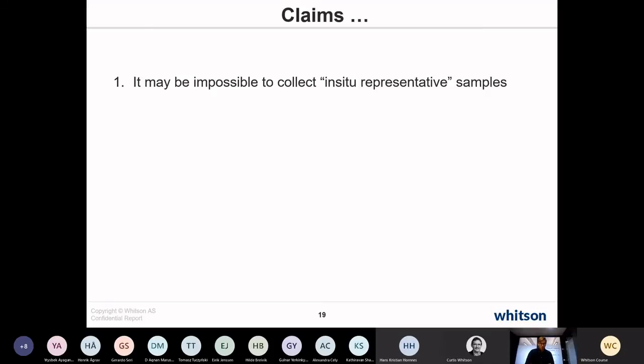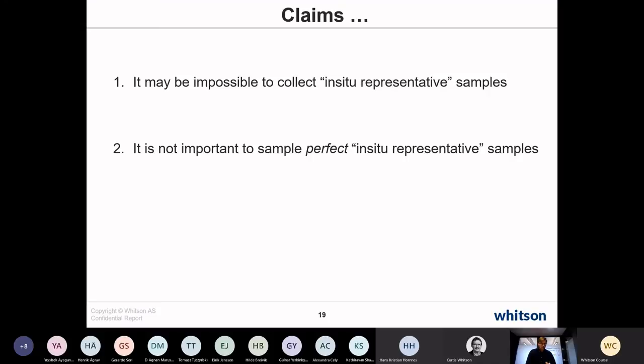So first, there are a few claims here. Some of them might be a little bit debatable, at least when we show it, but it's to initiate some discussion. So I come with three claims essentially, and I think we talked about that earlier today as well. That in some cases it might actually be impossible to collect in situ representative samples.